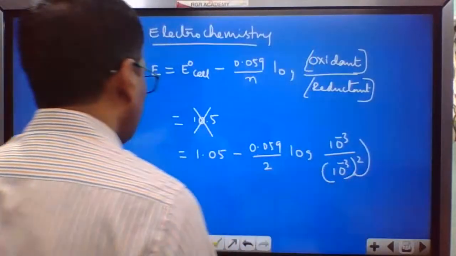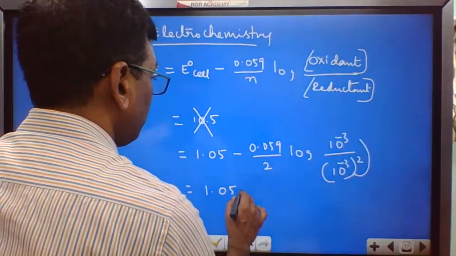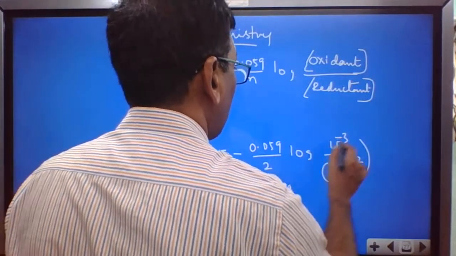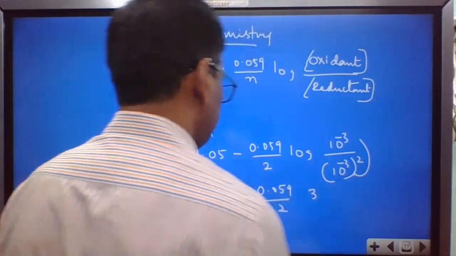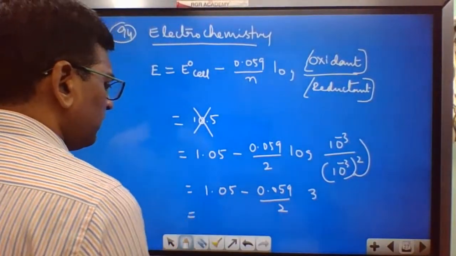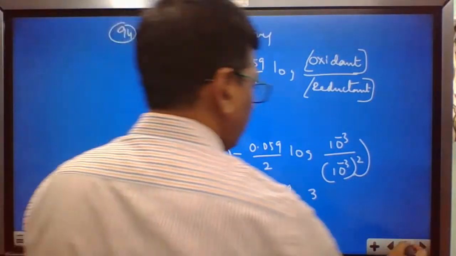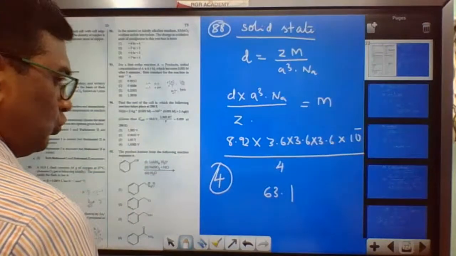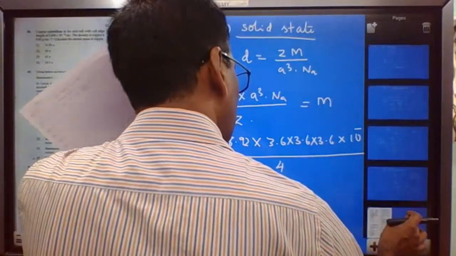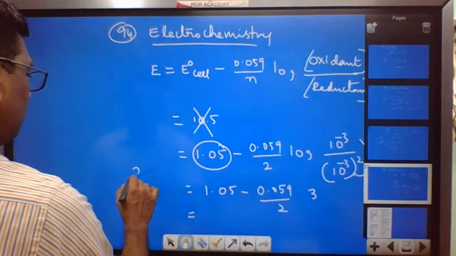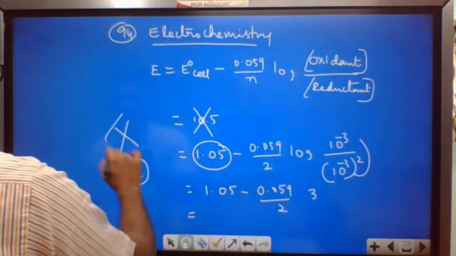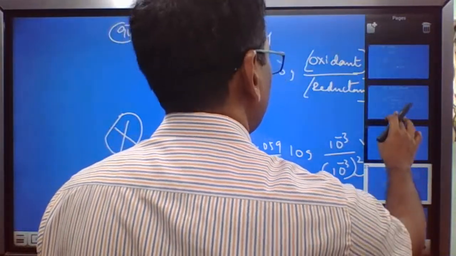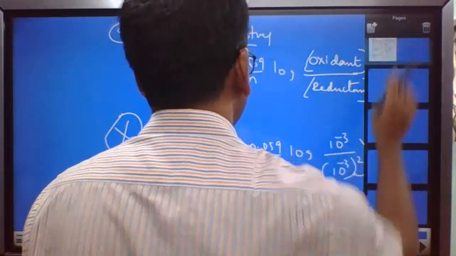If you take it to the numerator, 1.05 minus 0.059 by 2 log 3. If they could have given 1.05, the answer will be 2. But this is wrong, so probably they are going to add the marks for this. We have to wait and see what they are going to do for this question.